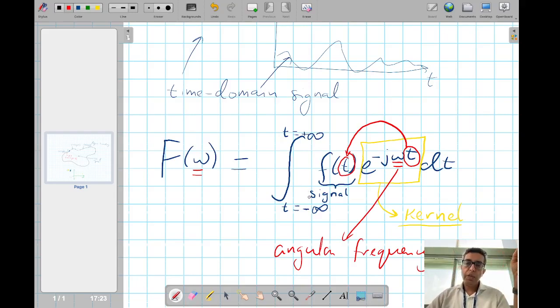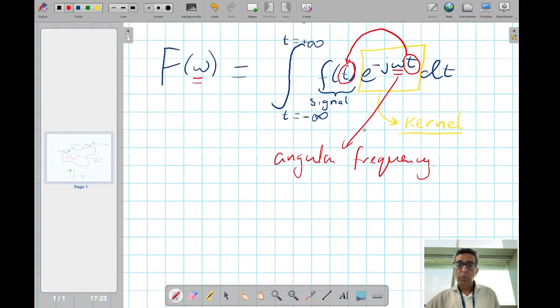For those of you who've done the signal processing course, you will probably have come across that as you vary omega, you're effectively looking at different frequencies of sine and cosine waves.